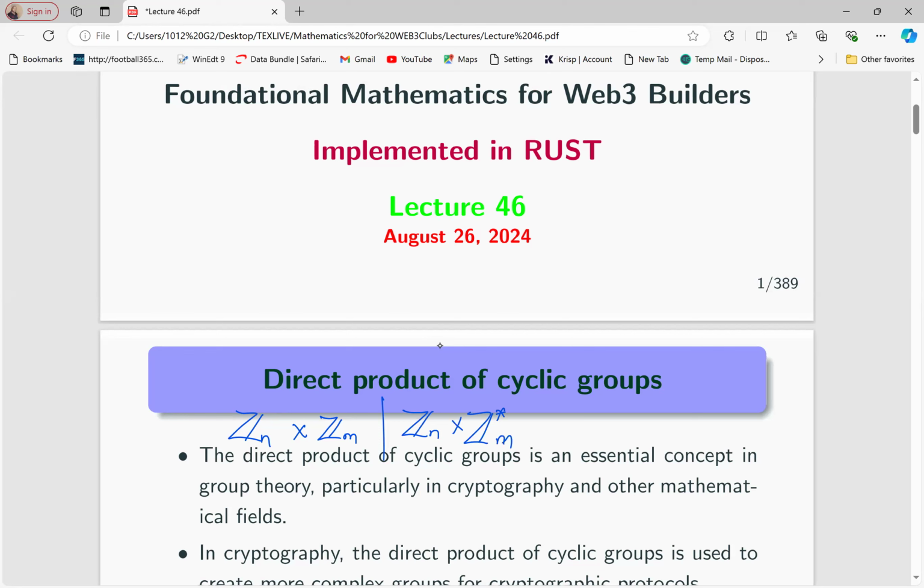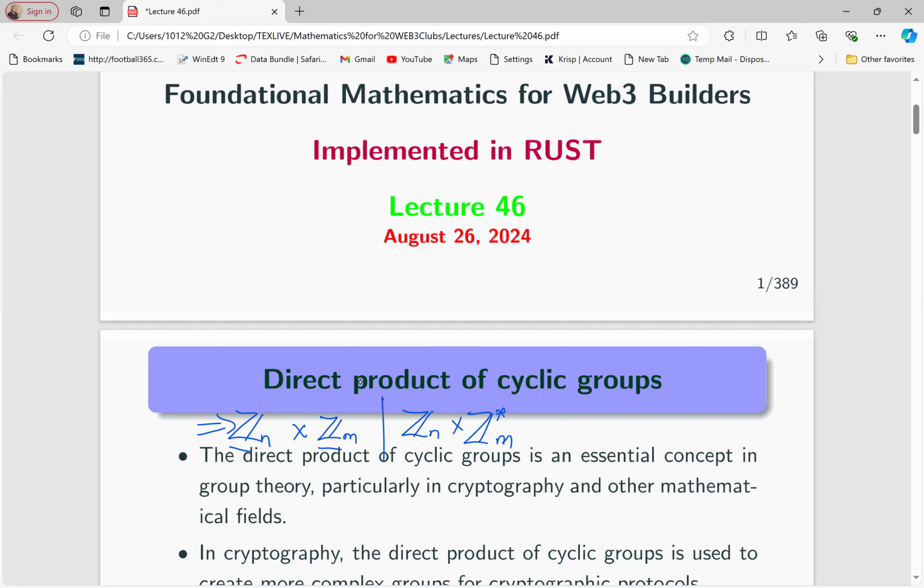It's not always obvious that when you get one cyclic group and then the Cartesian product with another, for instance, this is cyclic and this is cyclic, it's not obvious that this product will be cyclic. So we'll want to find out when this product is cyclic. So that is one thing we'll be answering in today's lesson.